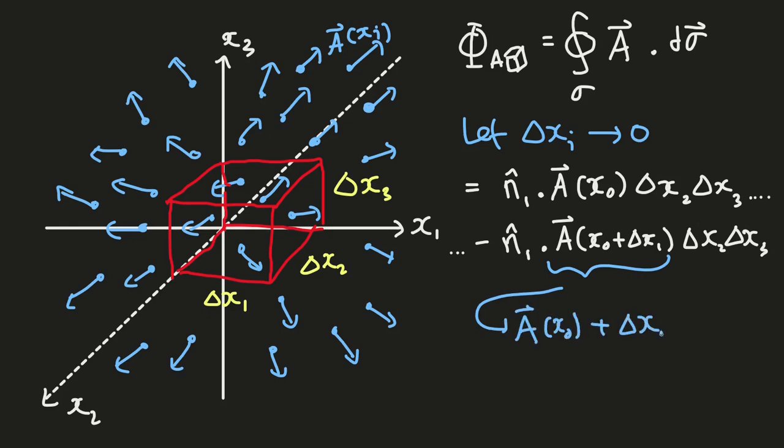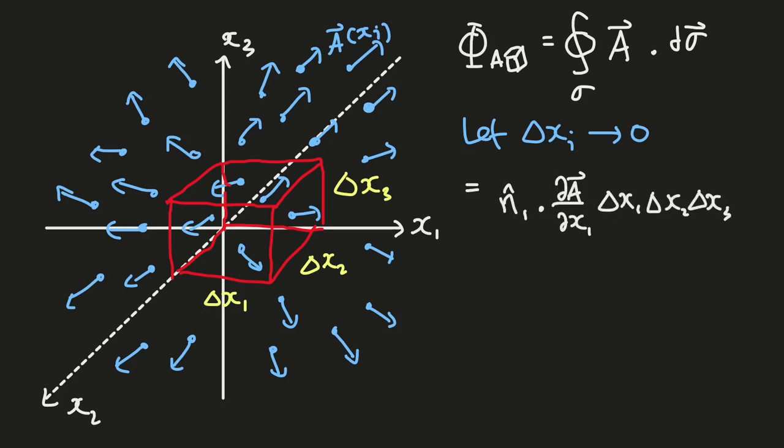Because delta x is infinitesimal, we can linearize our vector A here. There is a mistake in the minus n plus here because of the direction analysis. Then for the first two terms, we get this result. If we sum over the other faces, which can be generalized to higher dimensions, we get this.